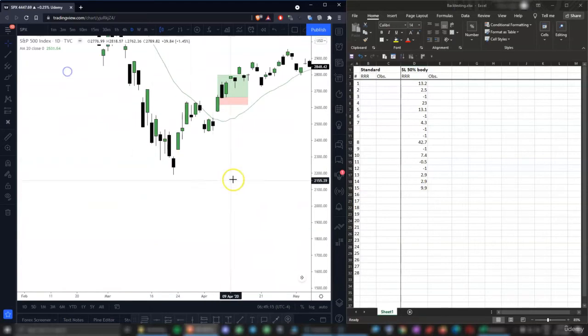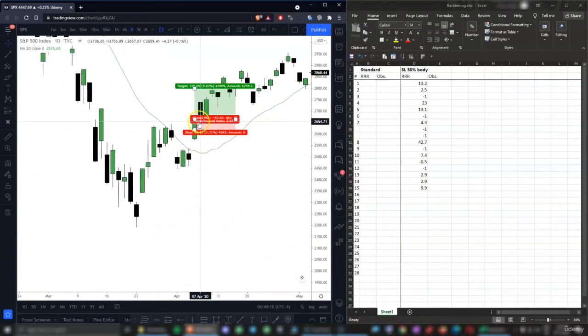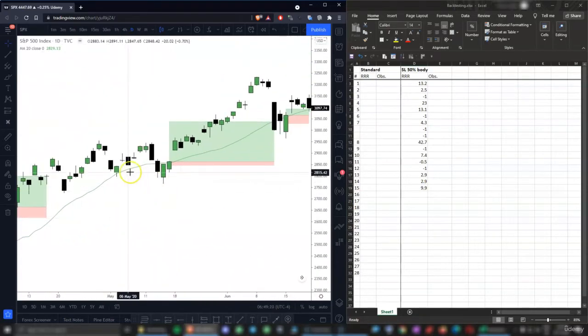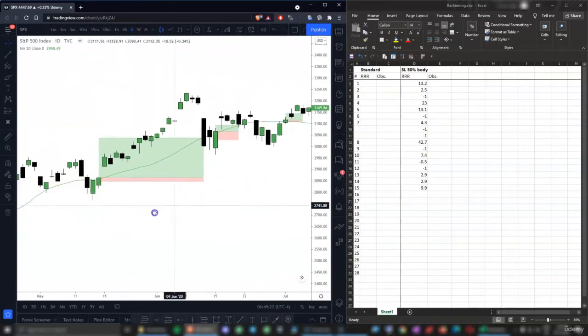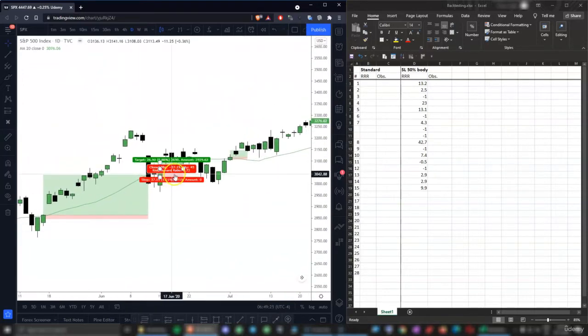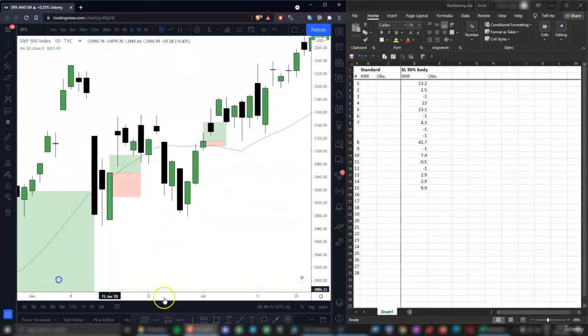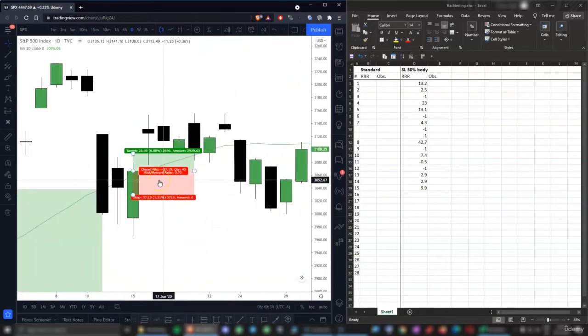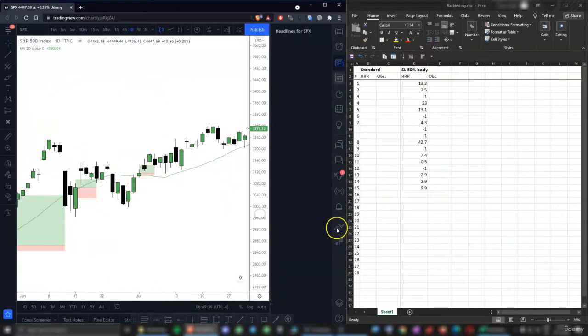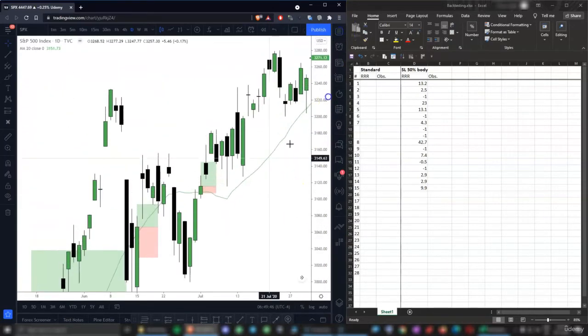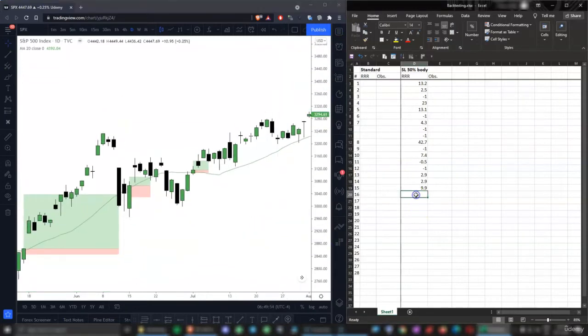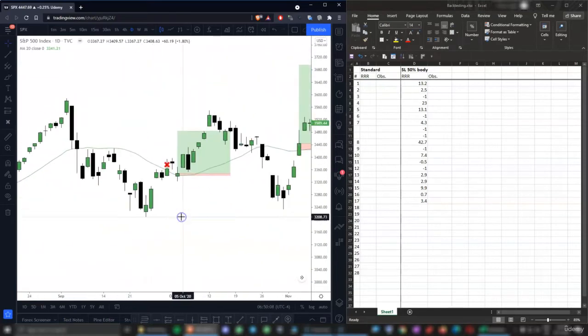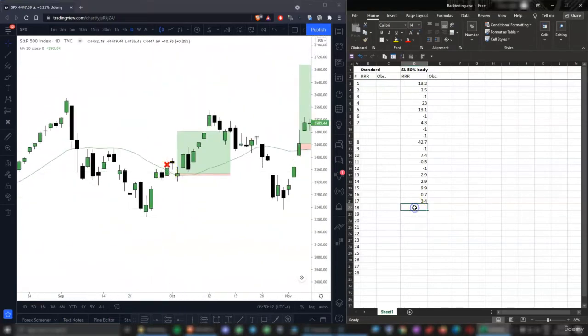And I just want to check if there are any losses that I didn't mark. So no, there is nothing until now. This one. 0.7. 0.7. 3.4. Here we have a loss.